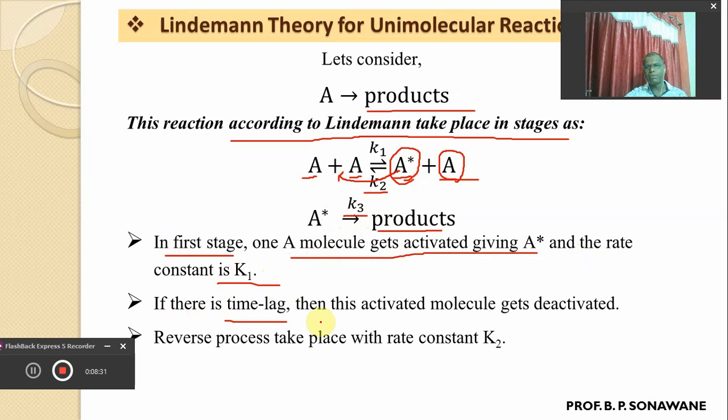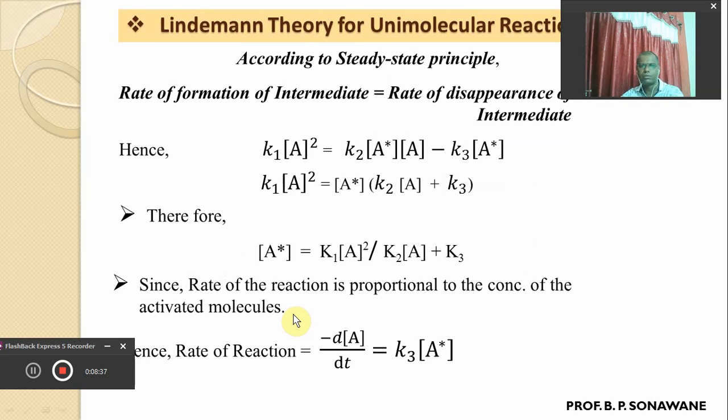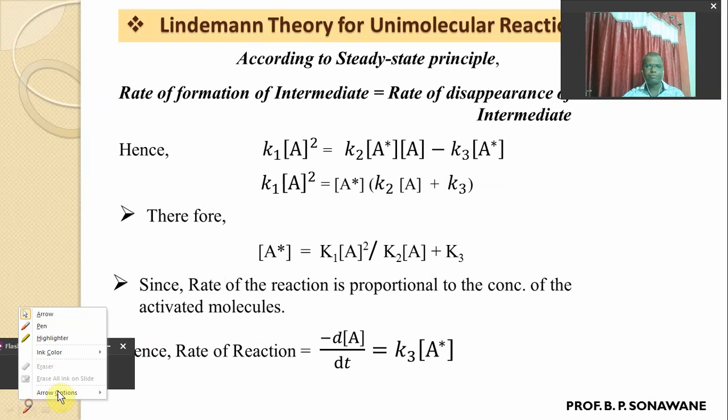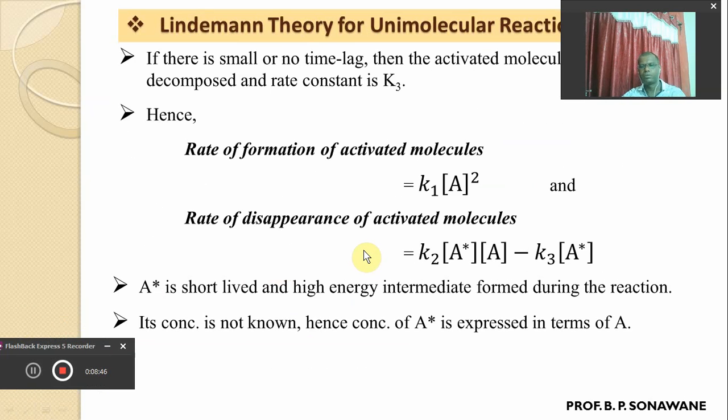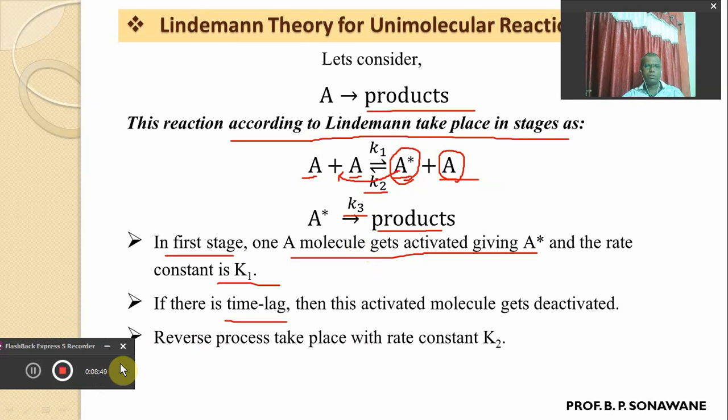And if there is a time lag between this activation and decomposition, then this activated molecule gets deactivated, and the reverse process takes place in which the activated molecule gets converted into reactant again with the rate constant K2.